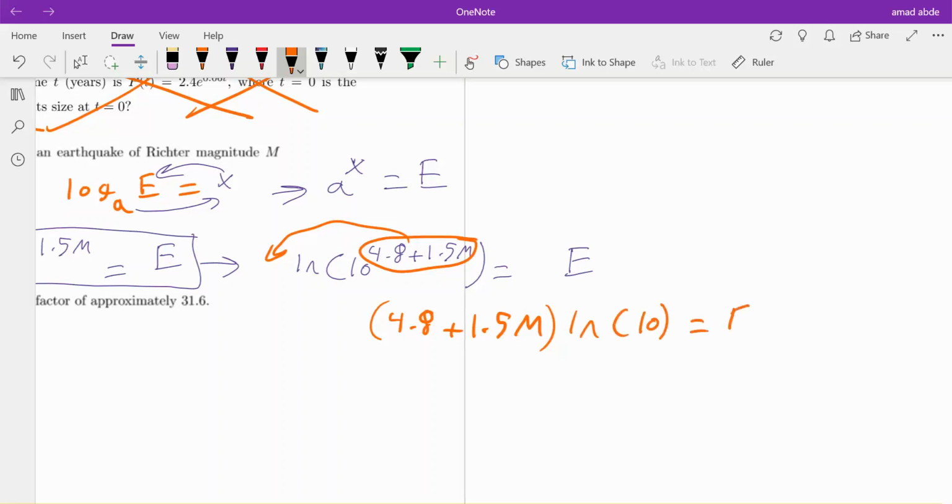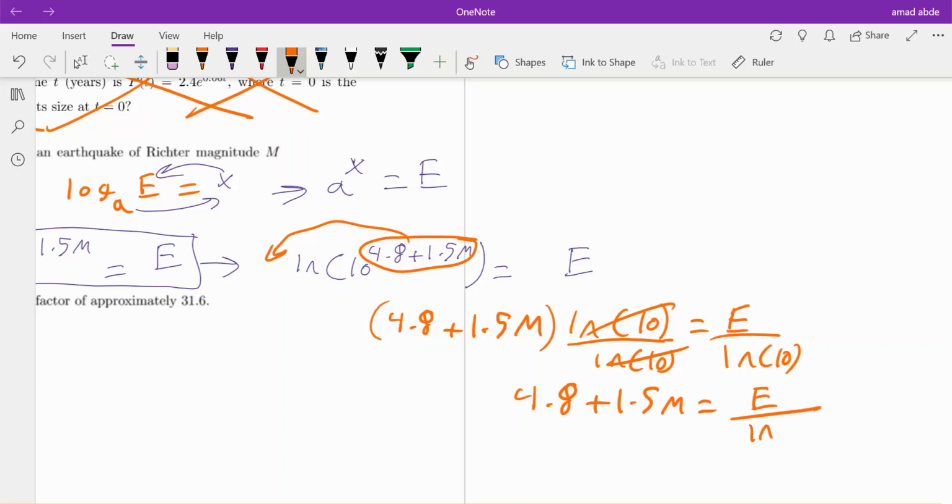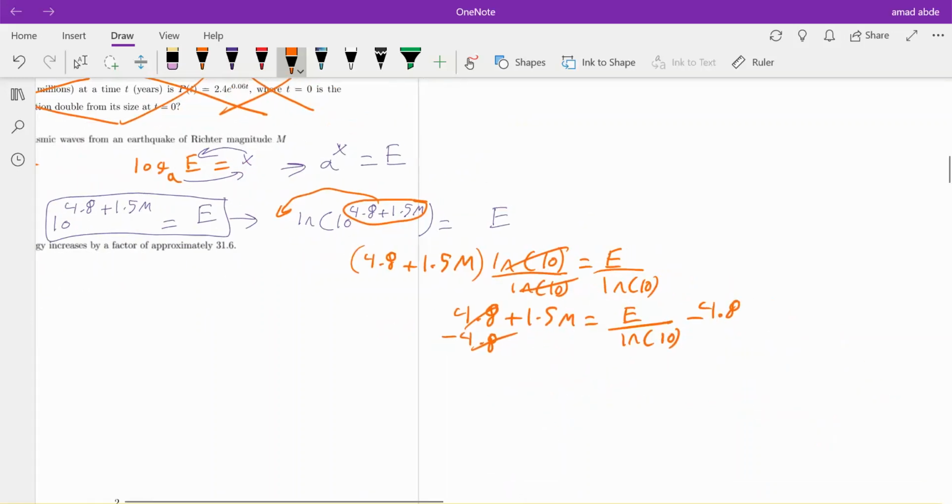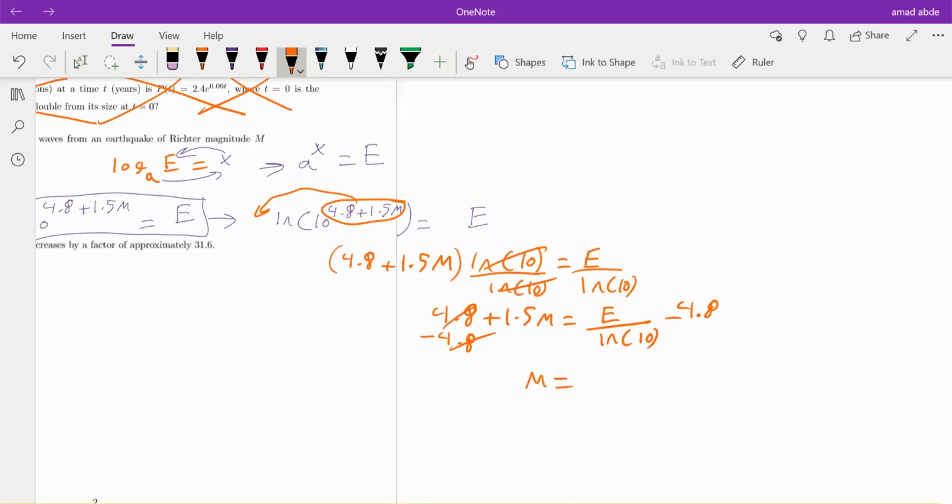Then we have 4.8 plus 1.5m equals ln of E over ln of 10, and then we can subtract 4.8 from both sides, and then we can just divide by 1.5 to get this whole thing in terms of m. So m would just equal 1 over 1.5 times ln of E over ln of 10 minus 4.8. And this is rewriting the function in terms of m.